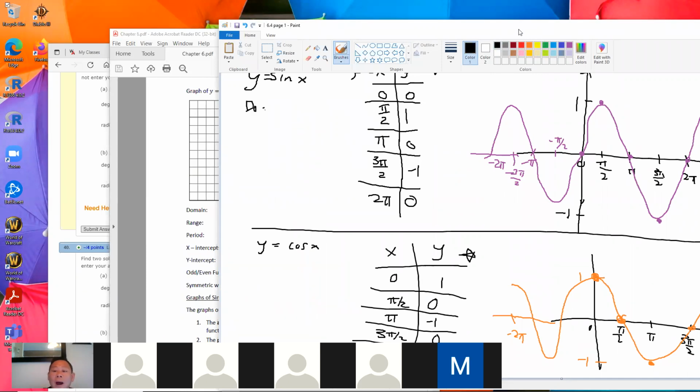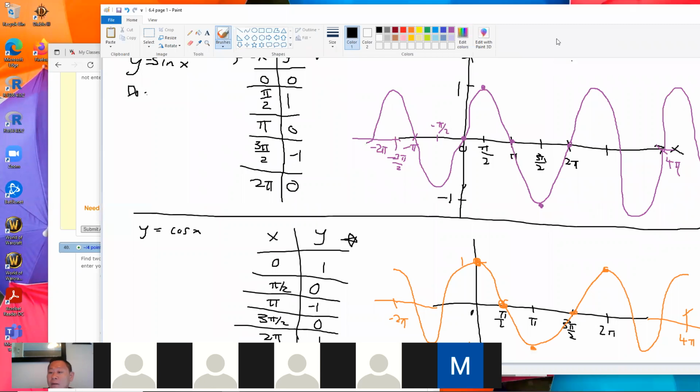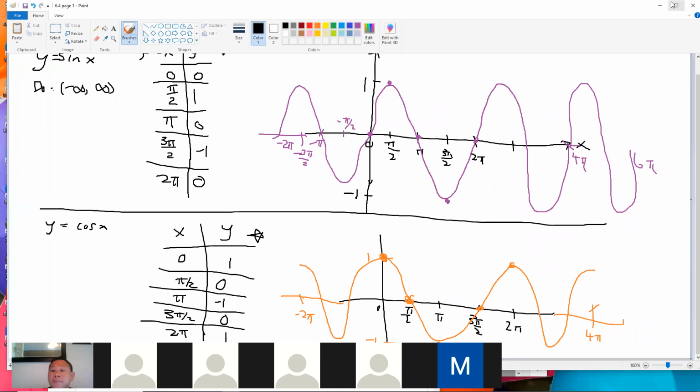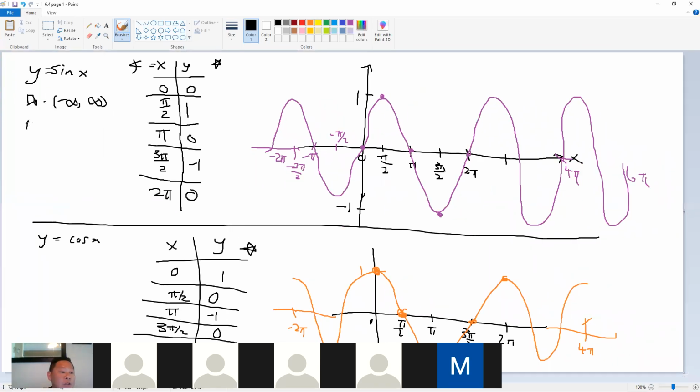Since this graph continues non-stop from negative to positive infinity, your domain will be negative infinity to positive infinity. Your range, since the lowest value you can have is -1 and the highest value is 1, is -1 to 1 with brackets, which means it includes those two numbers.